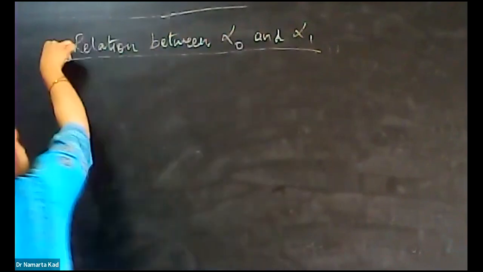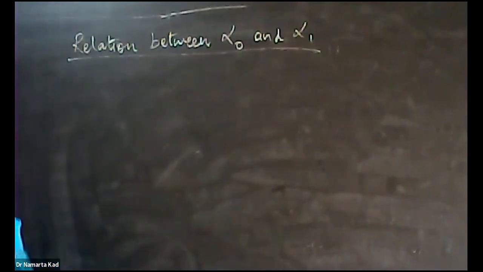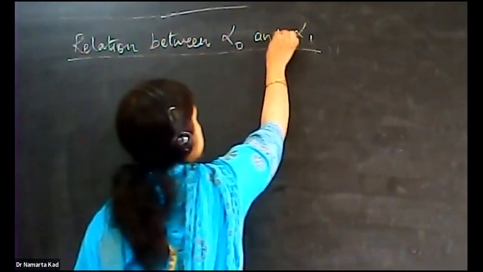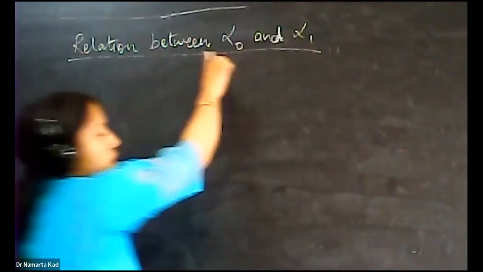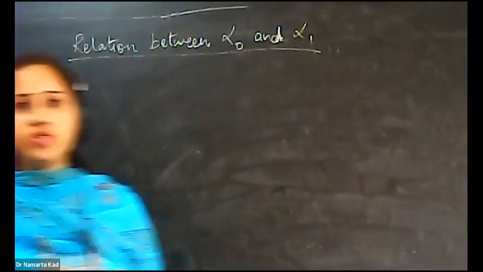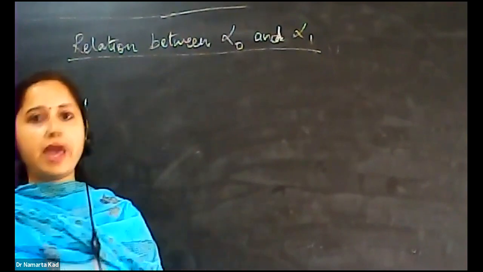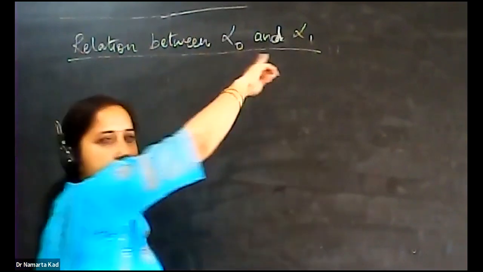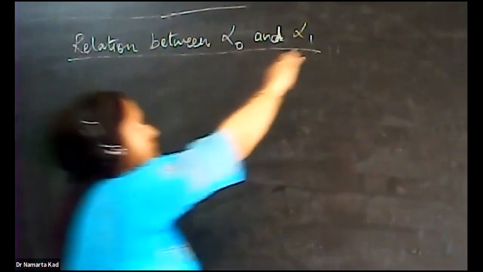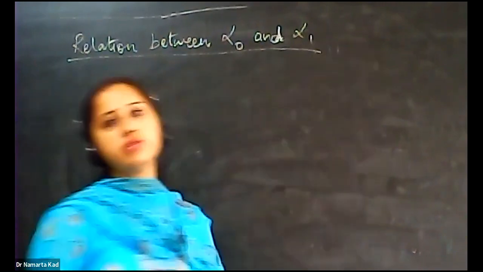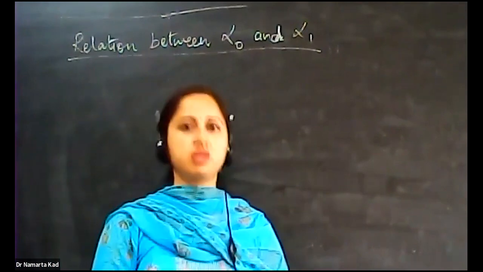This one is a very important derivation. Relation between alpha naught and alpha 1. Alpha naught is the temperature coefficient of resistance at 0 degree C, and alpha 1 is the temperature coefficient of resistance at any temperature T1 degree.